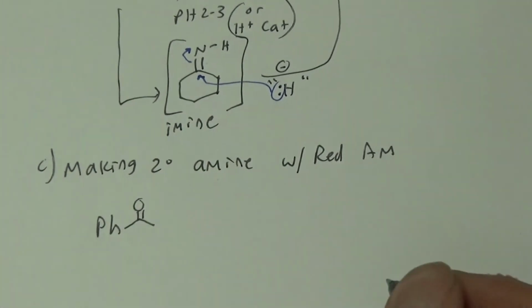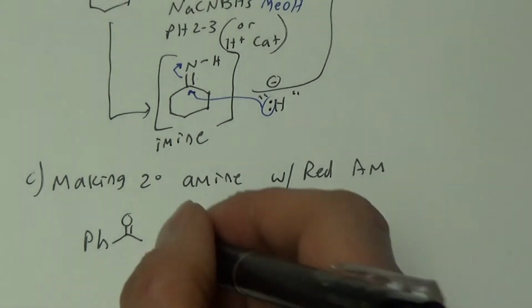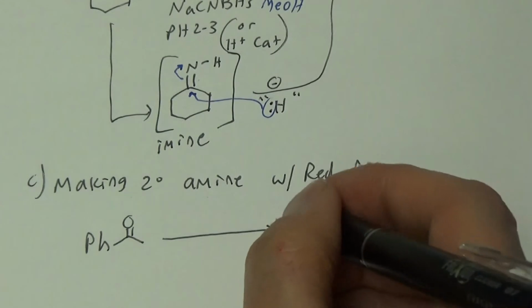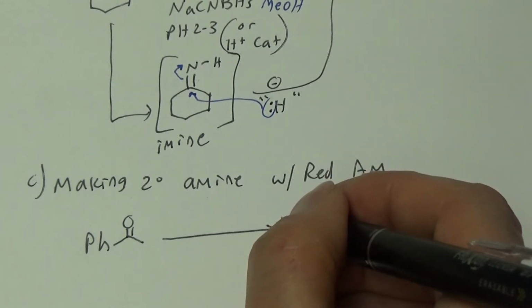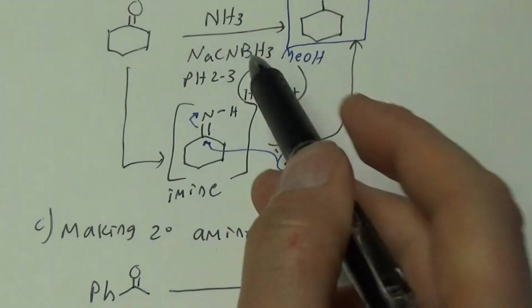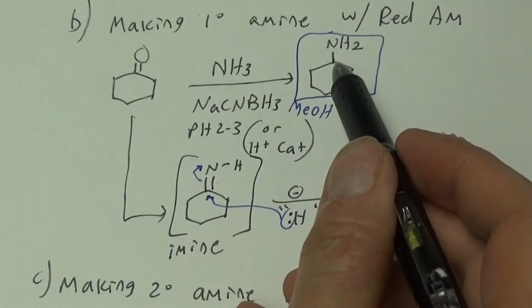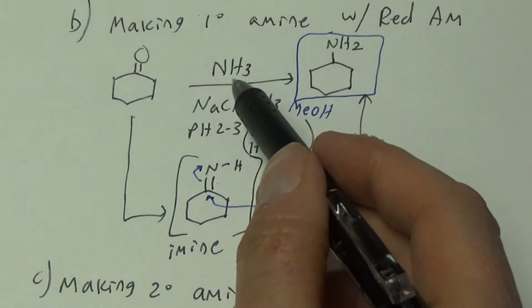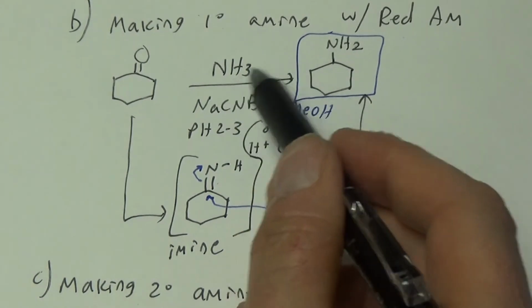Okay, we have a ketone. To make a secondary amine, think back to this problem up here. Here we're making a primary amine, and we used an unsubstituted nitrogen, like ammonia.